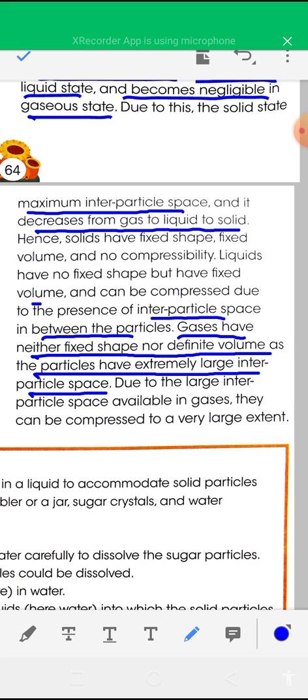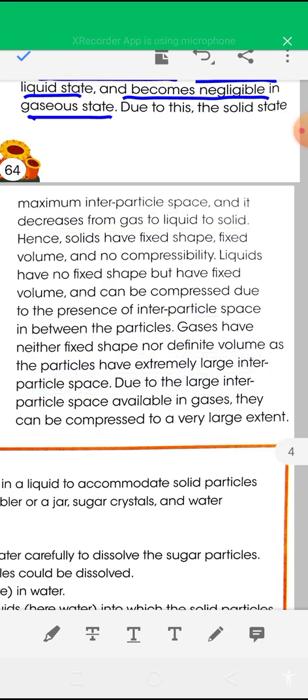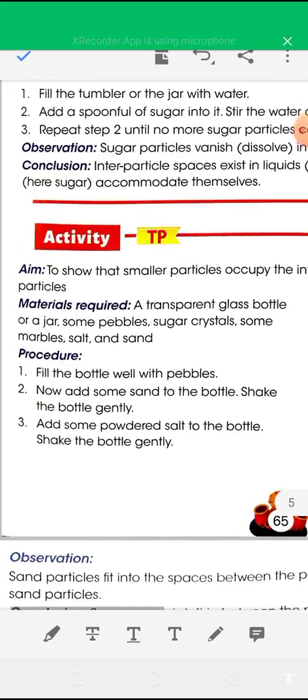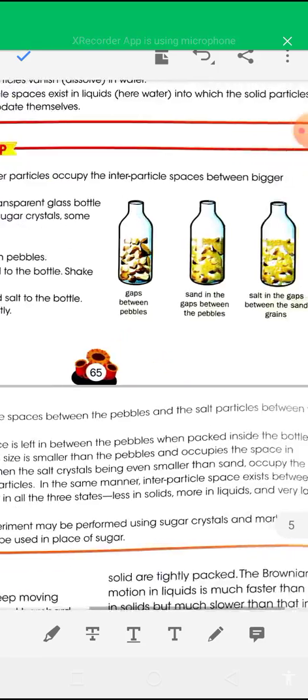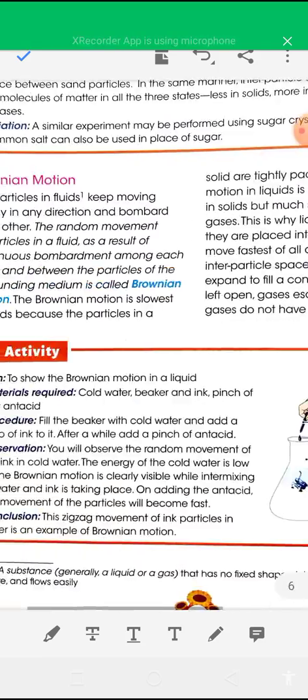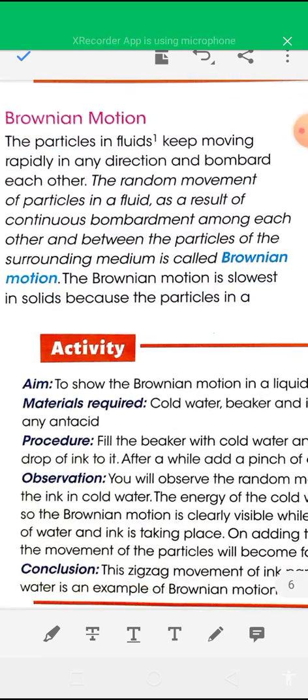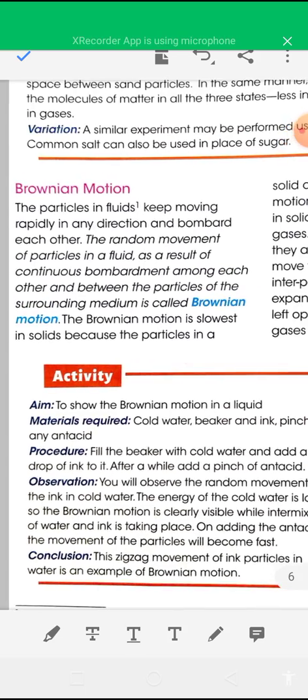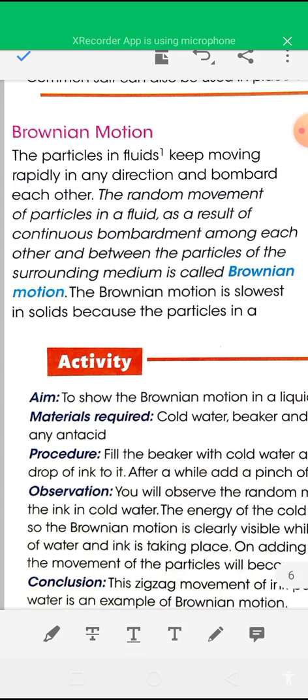That is why the gaseous state of matter is highly compressible: due to the large interparticle space available in gases they can be compressed to a very large extent.